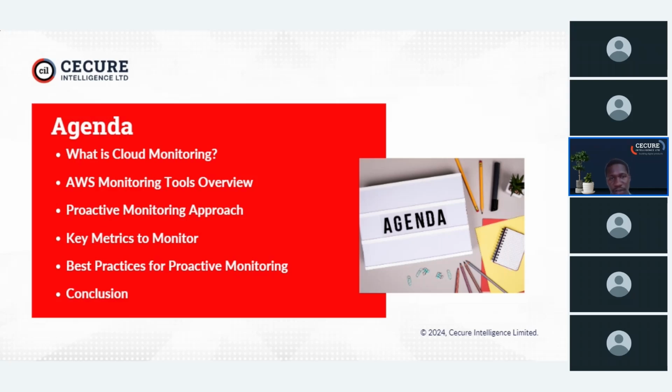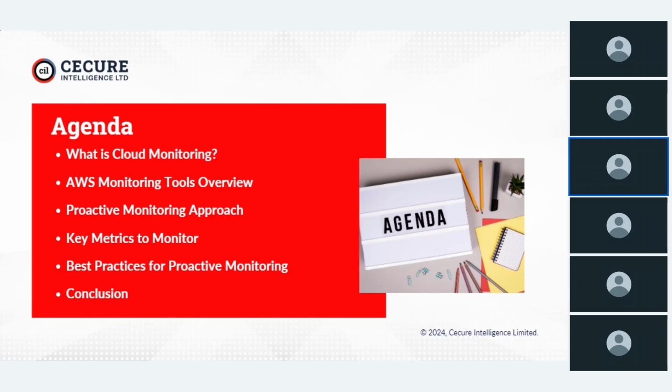On the screen, we have the agenda of what we're going to be doing today. We are going to start with what cloud monitoring is, so we understand the concept of cloud monitoring. After that, we're going to look at the tools that help us to monitor our services or resources on the AWS cloud.